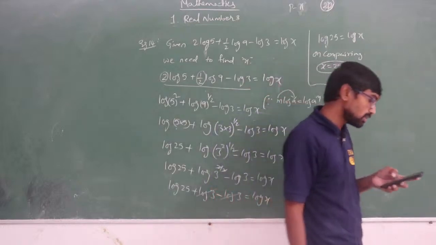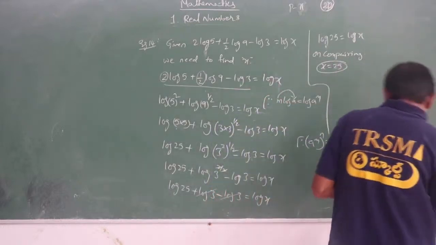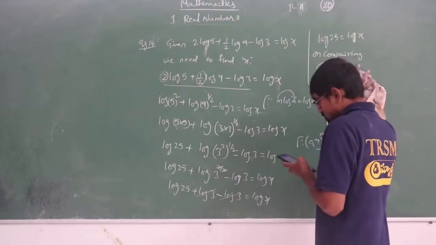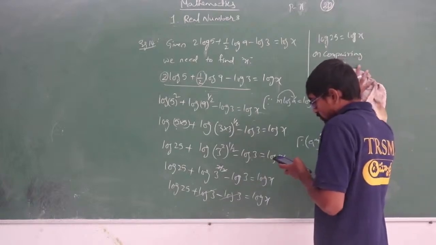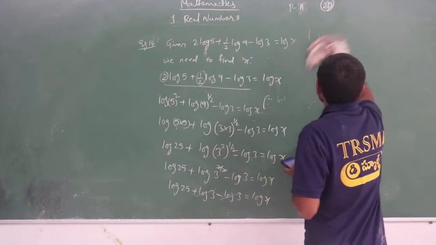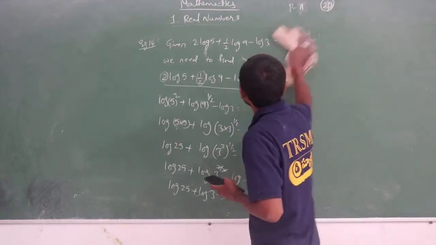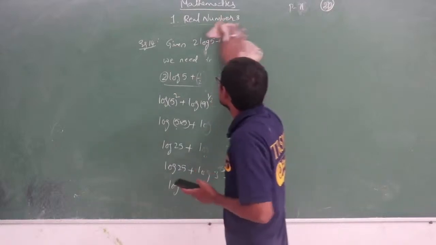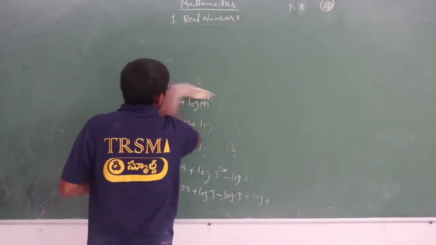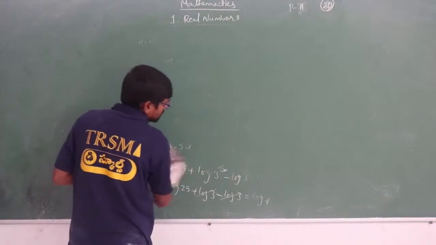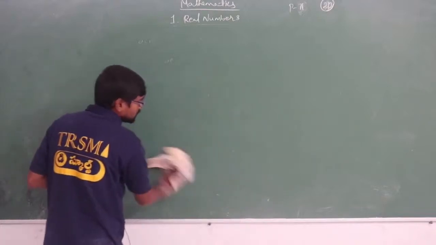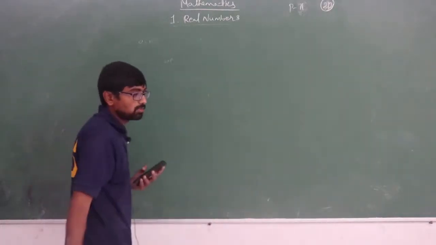Now coming to question number 5. 1, 2, 3, 4, 5. Totally we have 5 questions in our textbook. So if we do these 5 questions, then we will be completing our exercise, and after this we will be starting the other exercise. I will be sending you notes based upon this.